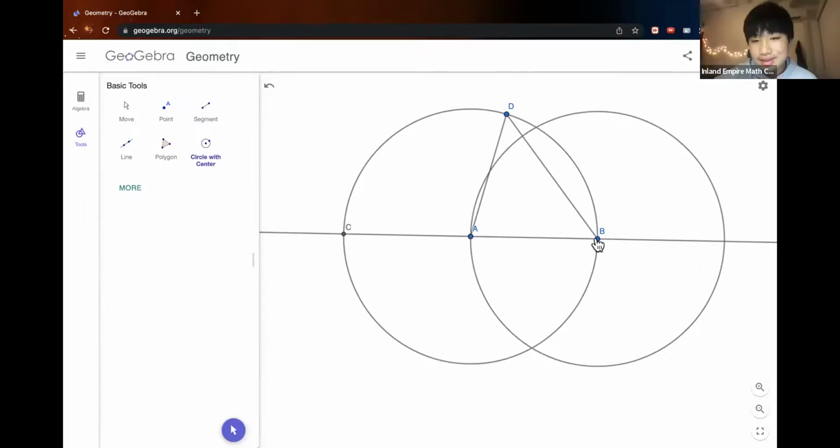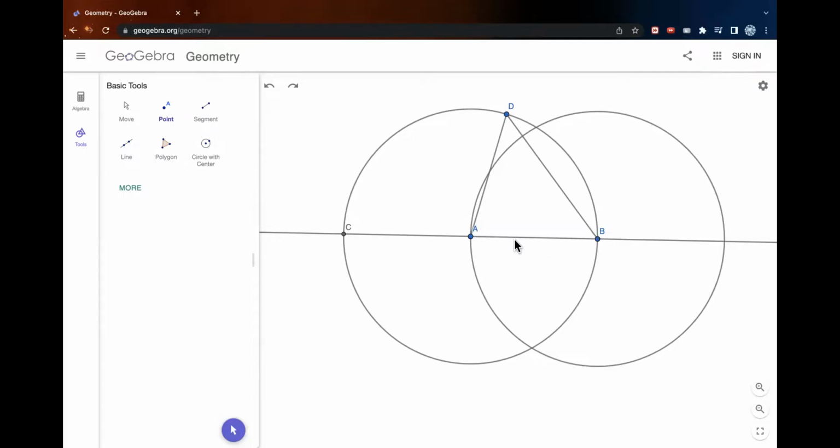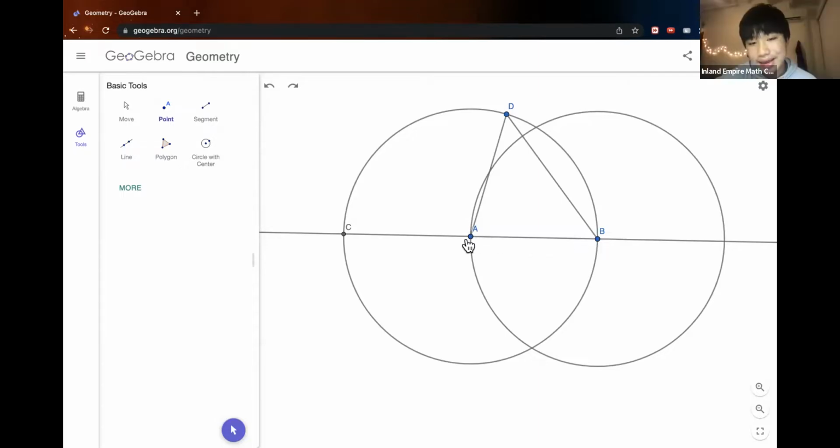Now every point on this circle is the same distance from B. And if we remember, a compass can draw a radius that is the same length as AB. So this circle is the exact same size as this circle.